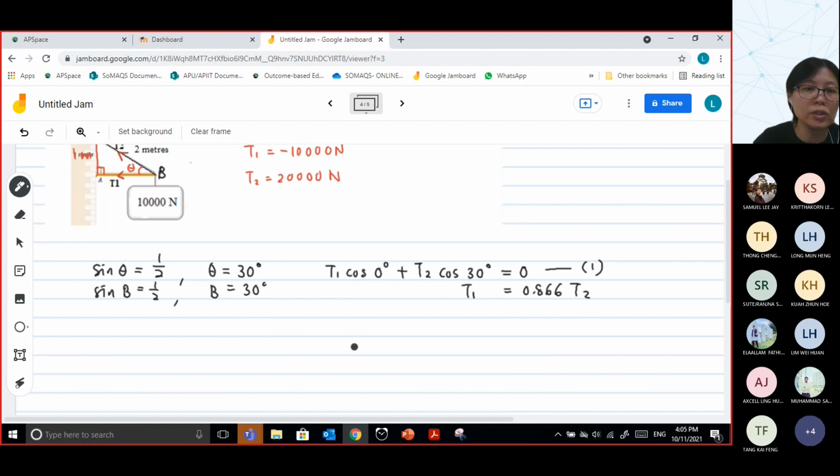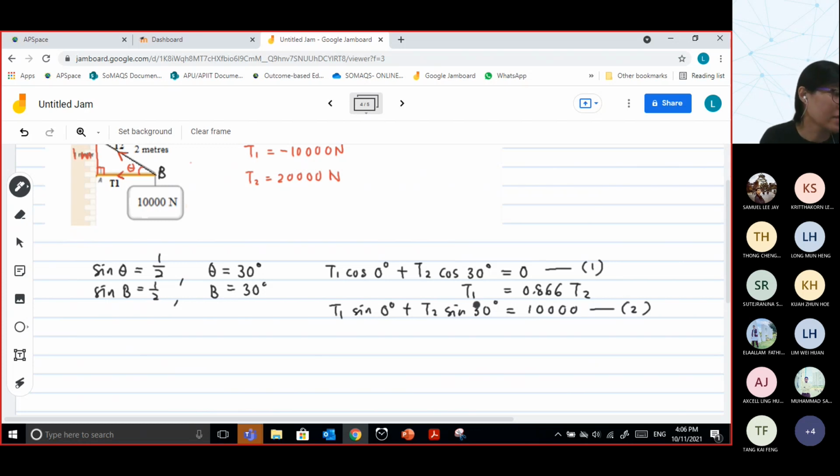Then let's move on to the next one, the vertical. So vertical, we will have for T1, from the vertical, T1 should be 0, because T1 sine 0, then plus T2 sine 30, which equals 10,000.